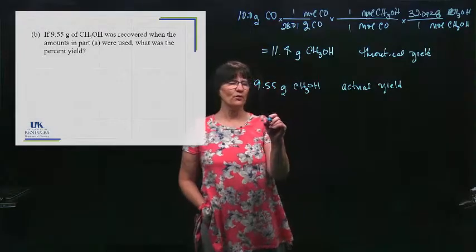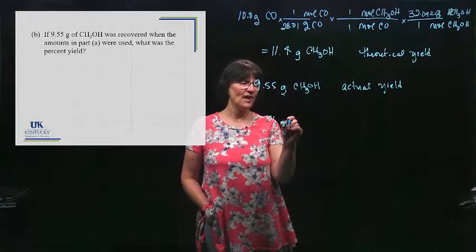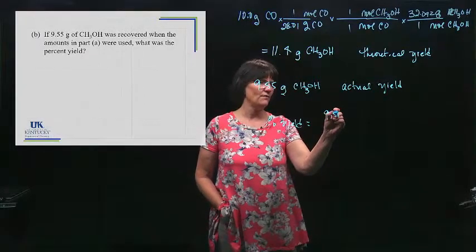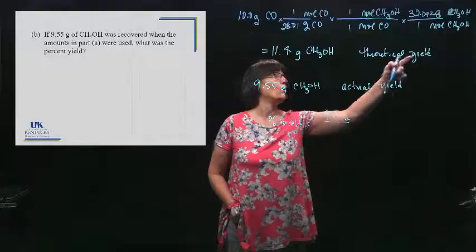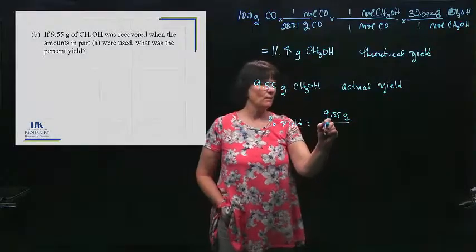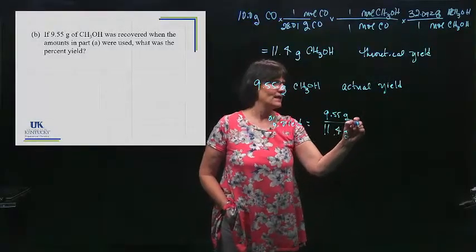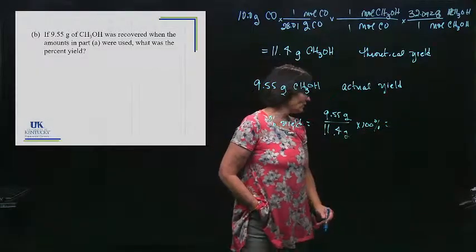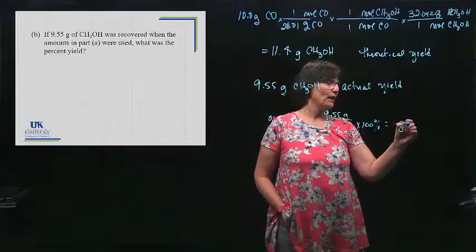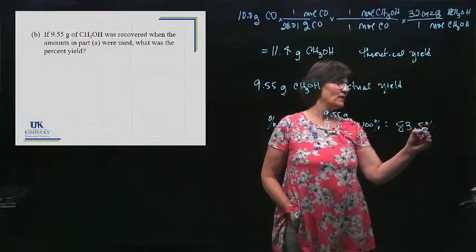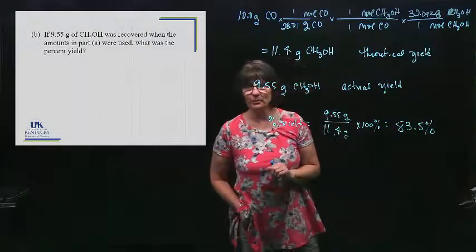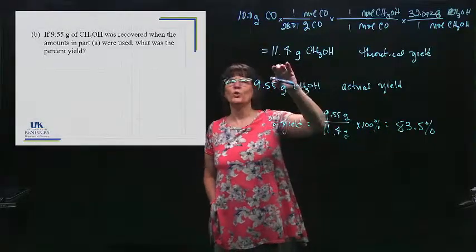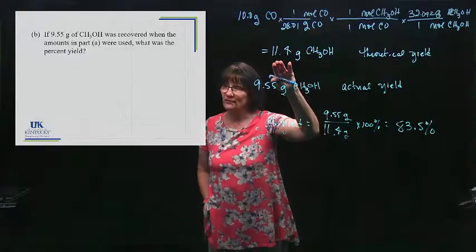So if we're asking for the percent yield, then we just have to pull out the part, that's the 9.55, over the whole, which was 11.4, and it's in a percent, so we multiply by 100, and that's going to give me 83.5%. So when the reaction took place, you got 83.5% of what you calculated you should have obtained.